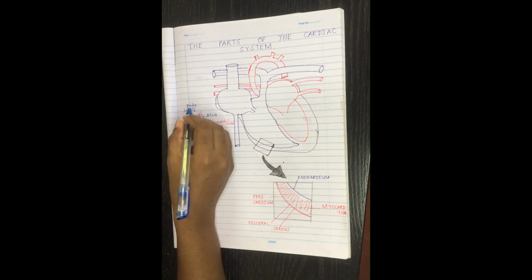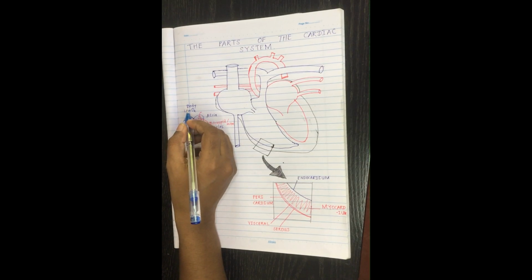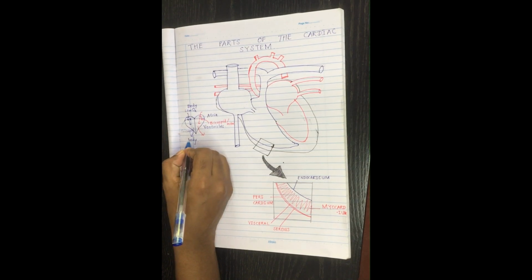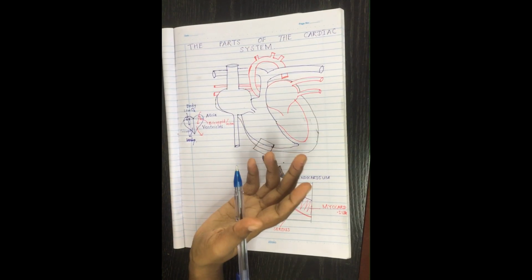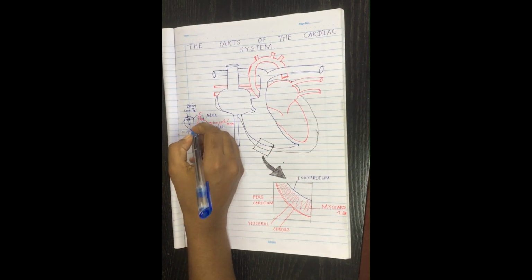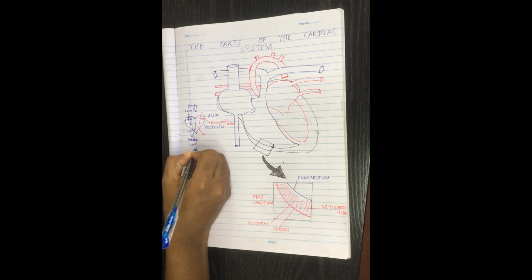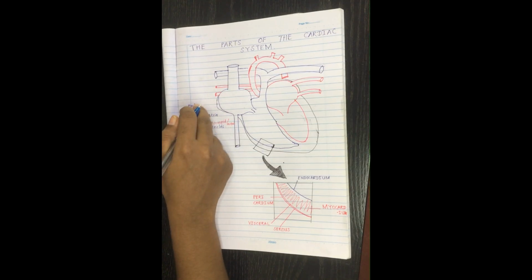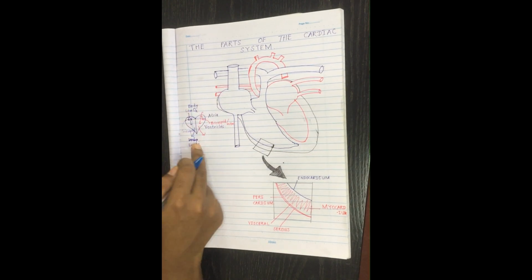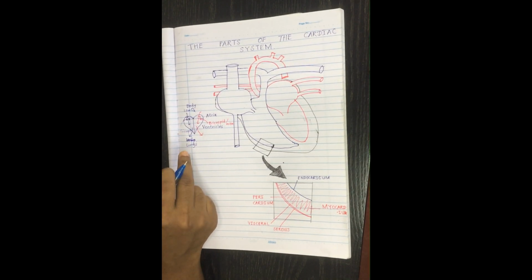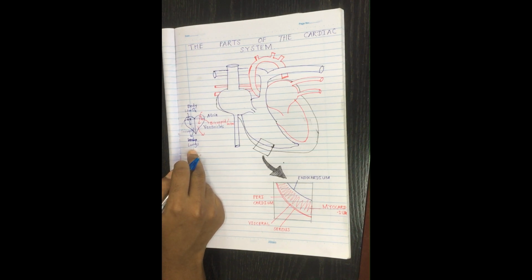Now here it's low, so it should be oxygenated. So it should go to the lungs. Are you accepting this? Because it's low in oxygen, it has to be oxygenated, so it must go to the lungs.